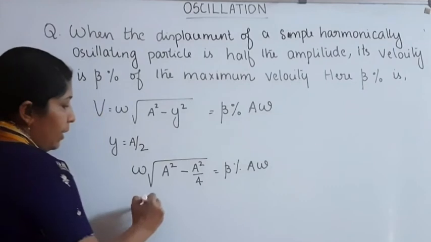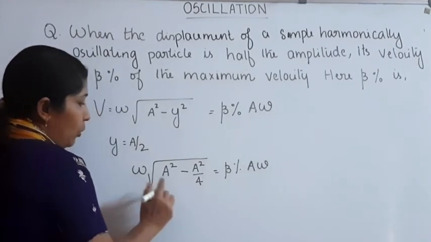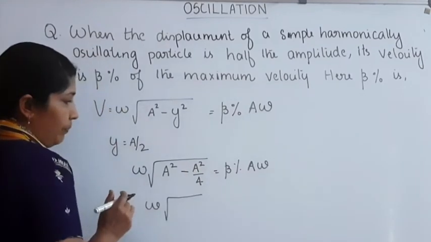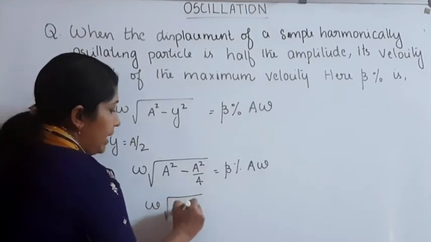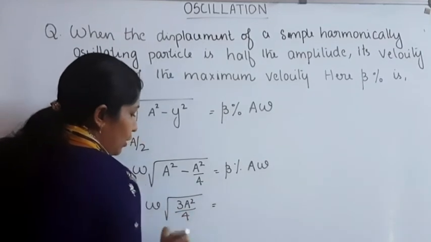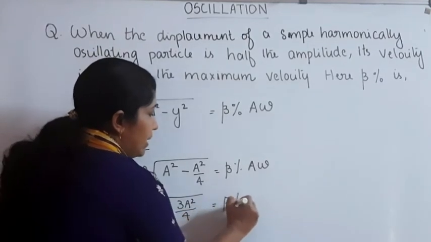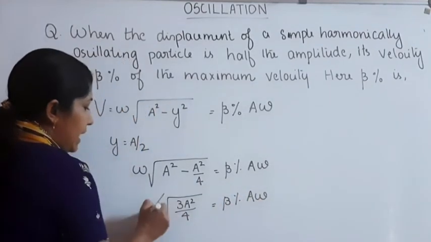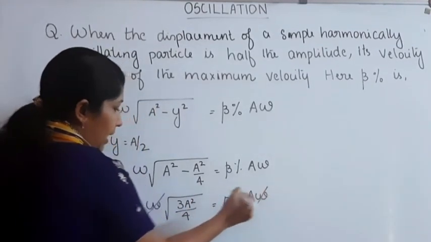Then omega into root of a square minus a square by 4, that's equal to 3a square divided by 4. Root of 3a square by 4 is equal to beta percentage of a omega. We can cancel omega.